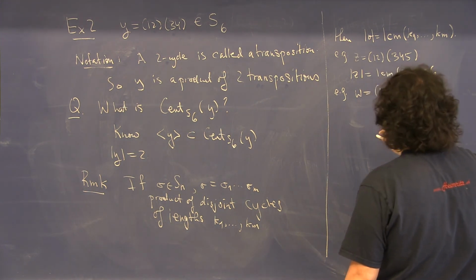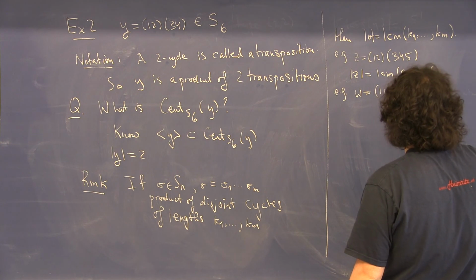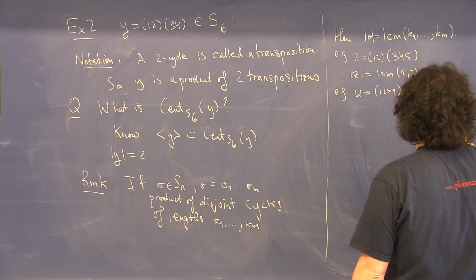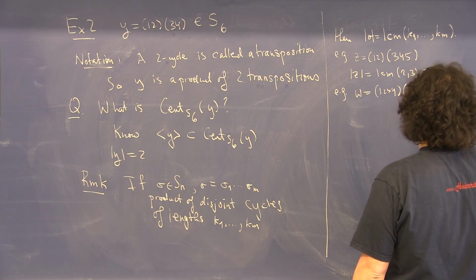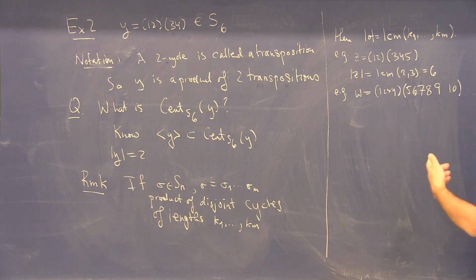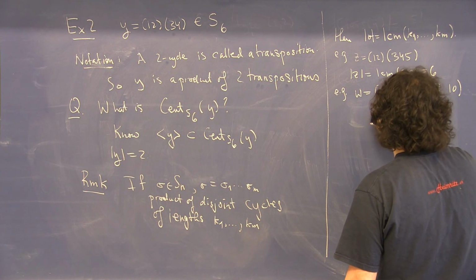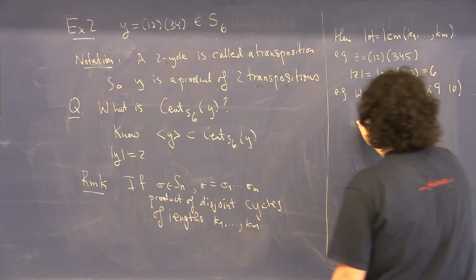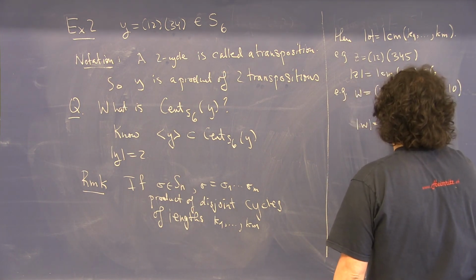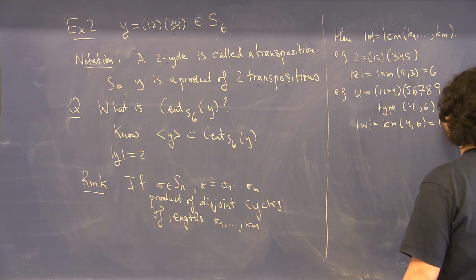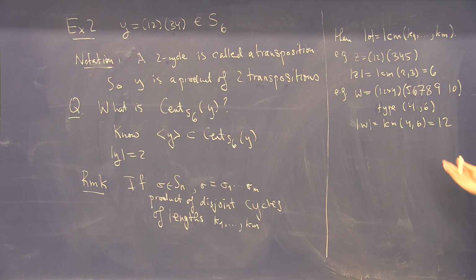So if I take a product of a 4 cycle, (1 2 3 4), times a 6 cycle, (5 6 7 8 9 10), this is of type 4, 6. And so the order of W is the LCM of 4 and 6, which is 12, even though their product is 24. That's because they share 2 as a greatest common divisor.